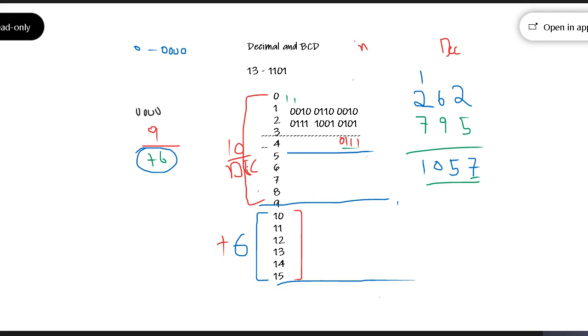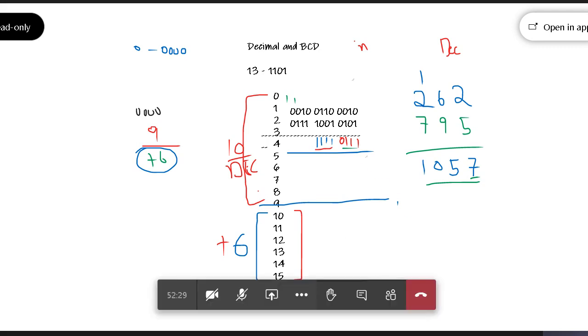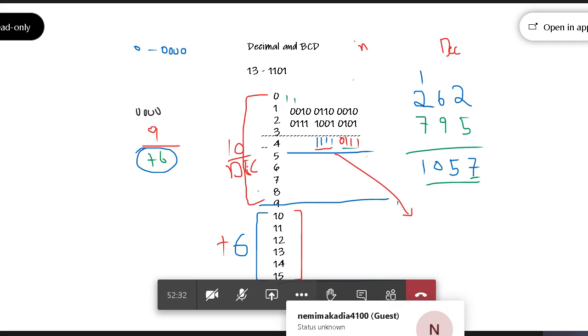Now coming to here. This is 1. This is 1. This is 1. And this is 1. Now see here. What is this value? It represents all ones, which means 15. This is nothing but represented as 15.